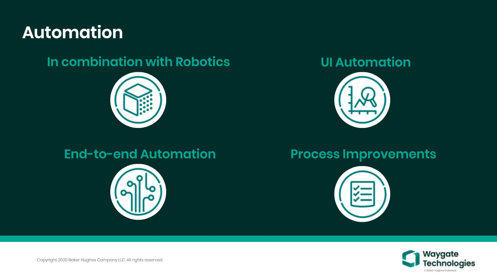Then we have end-to-end automation for the entire workflow of a process, which could involve robots, different types of things within software, and different types of automation. And then lastly, there are general process improvements that can be made by looking at the work streams of various workers and how they interact together. It can really save a lot of time and effort in that regard.